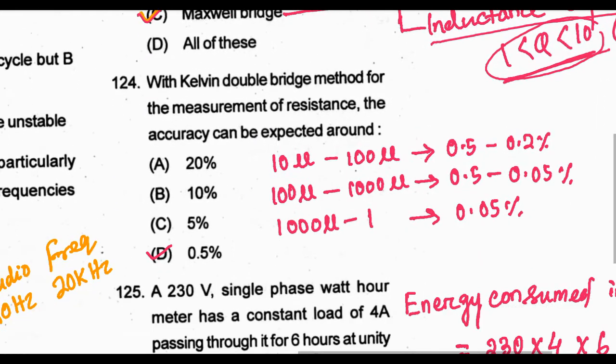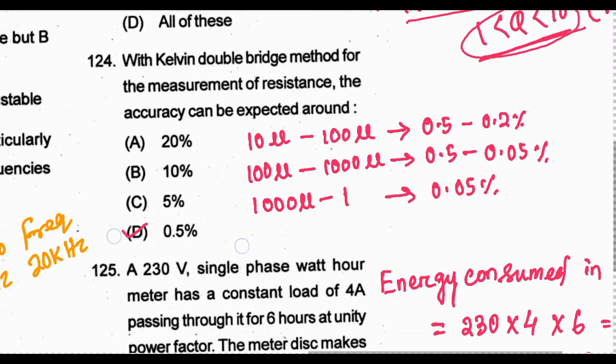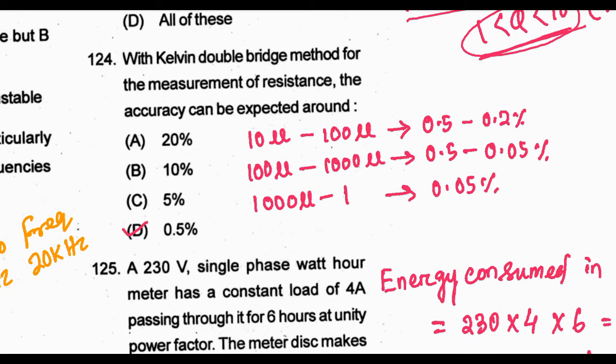Next question, question number 124. With the Kelvin double bridge method for the measurement of resistance, what accuracy can be expected? For measurement of low resistances we generally use the Kelvin double bridge method. If we measure resistance of 10 micro ohm to 100 micro ohm, the accuracy is generally 0.5 to 0.2%.